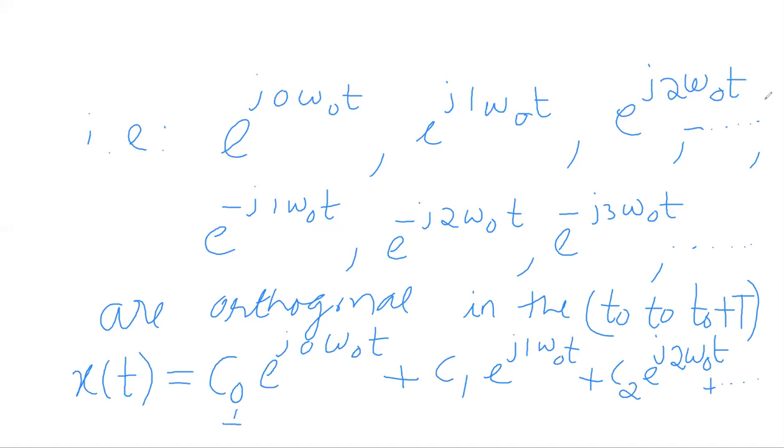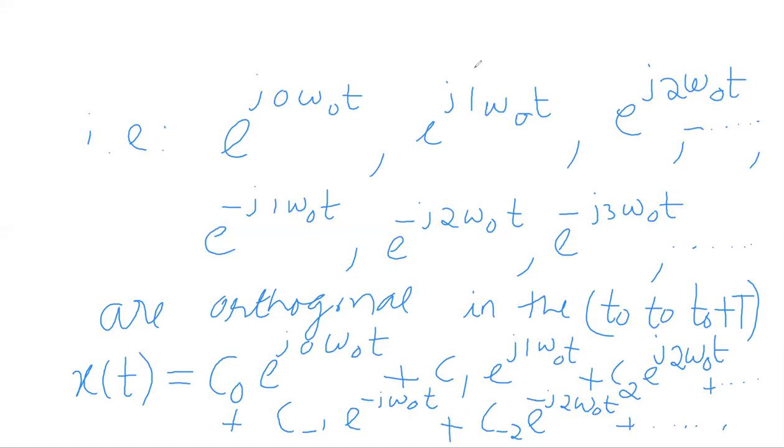Similarly, we can also write c minus 1 e to the power minus j omega 0 t plus c minus 2 e to the power minus j 2 omega 0 t, and so on.